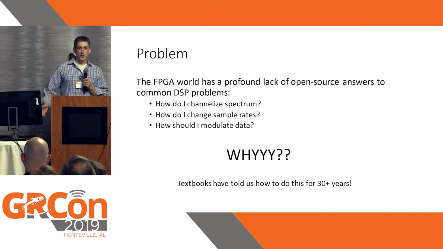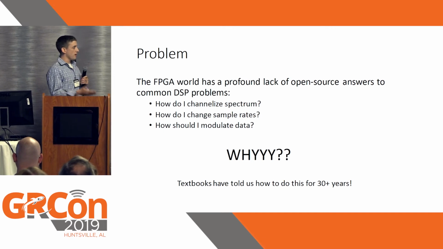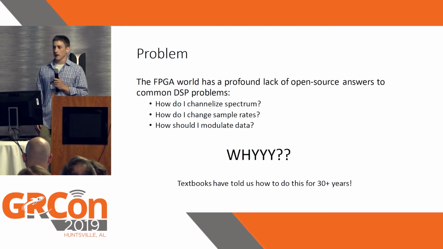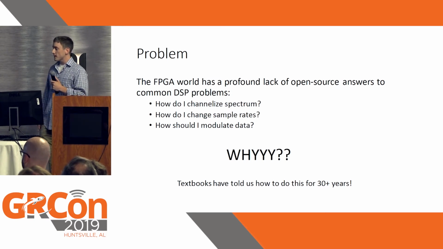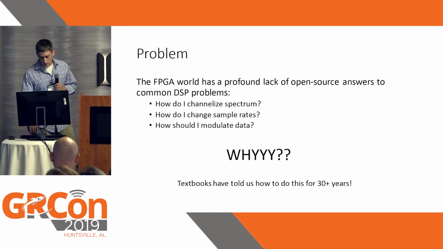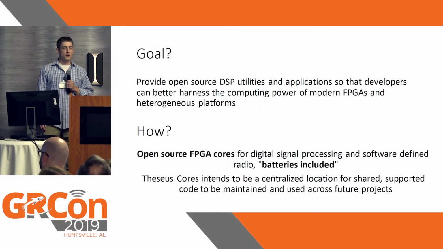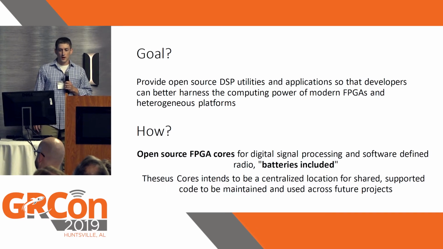In the next couple of years, we'll have Xilinx's RFSoC, where you've got 1 to 2 giga samples of direct sampling. And what are you going to do with all of that? I think part of the answer could be use the FPGA for that. So the goal with this project is to provide open source DSP utilities.